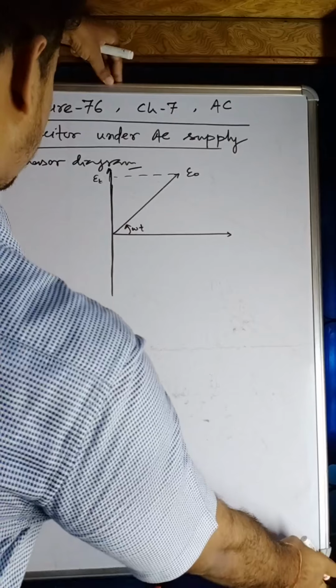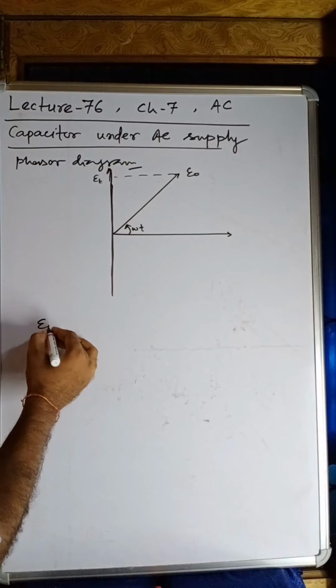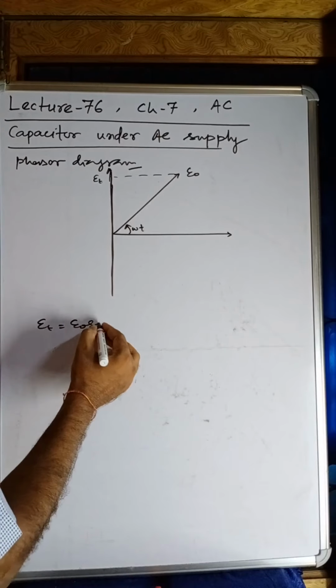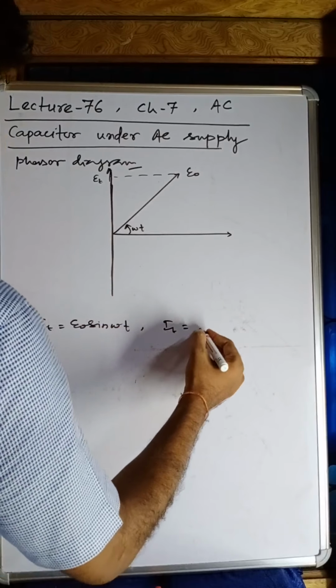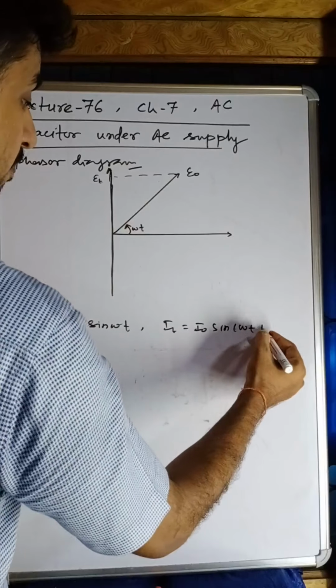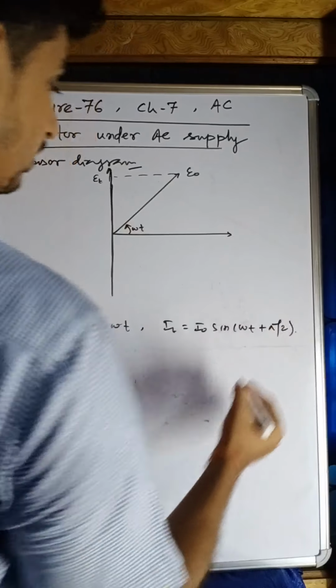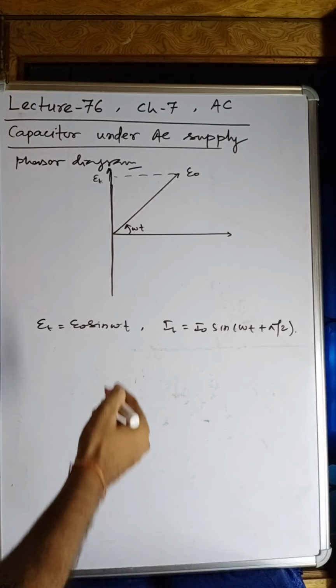Now we have to rotate which quantity? Current. E(t) we know is E naught sine omega t, but current is I naught sine omega t plus pi by 2. Its phase will be pi by 2 more than the voltage.